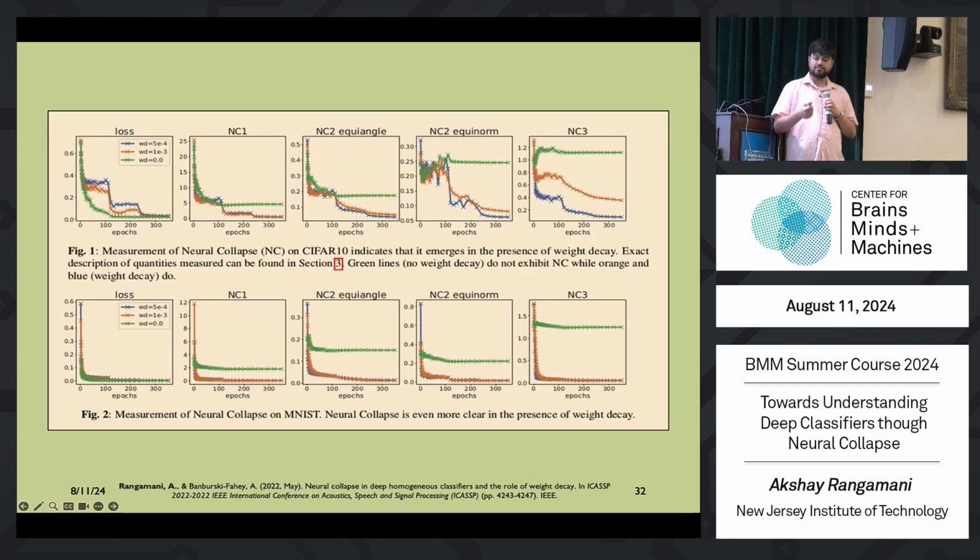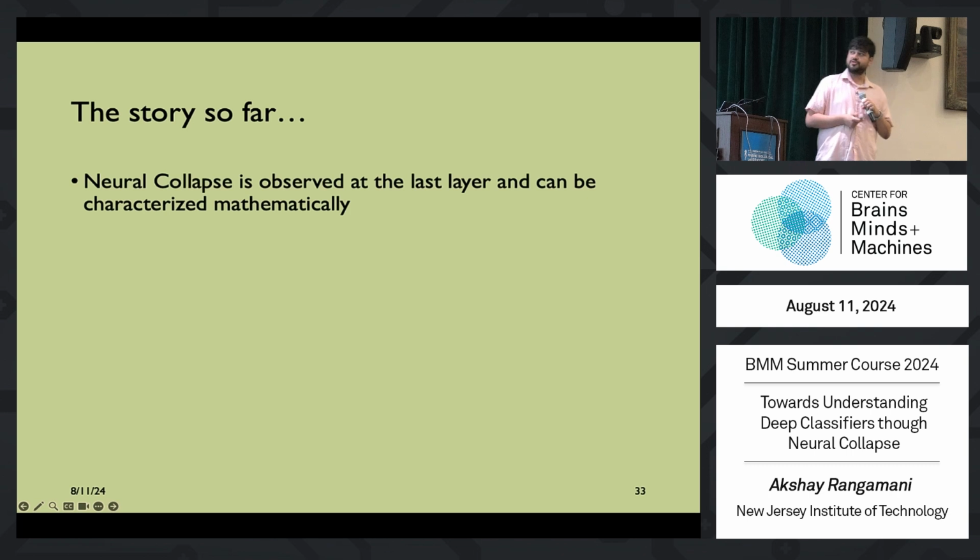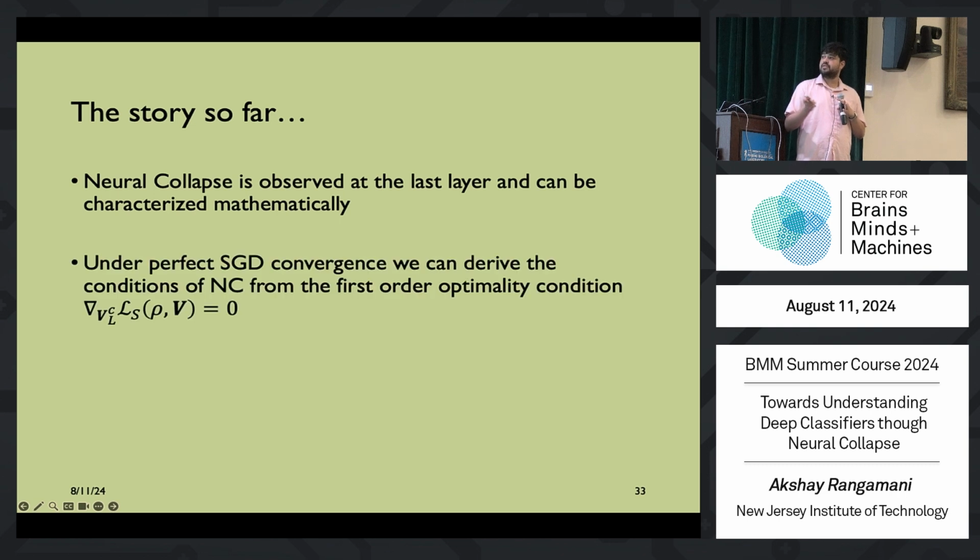And we also ran some experiments to show that without weight decay, you don't get neural collapse. With weight decay, you do. So the story so far: neural collapse is observed at the last layer, and you can characterize what the solution to training a deep network looks like at the last layer under the conditions of perfect SGD.